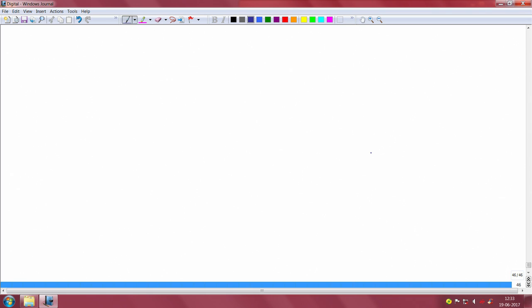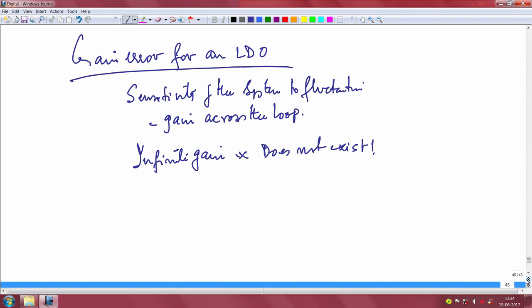So what is the gain trying to do? You are adjusting the gain so that Vref is always equal to Vfb, that is the feedback that you get.